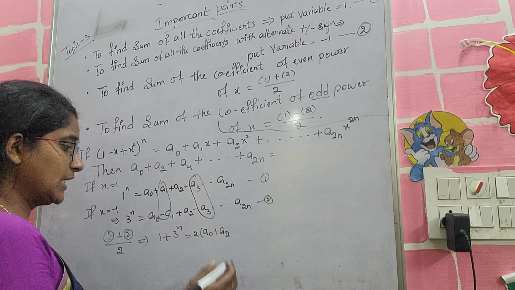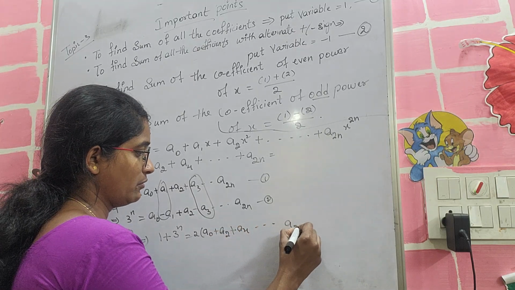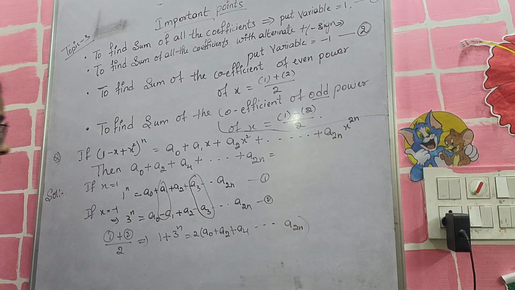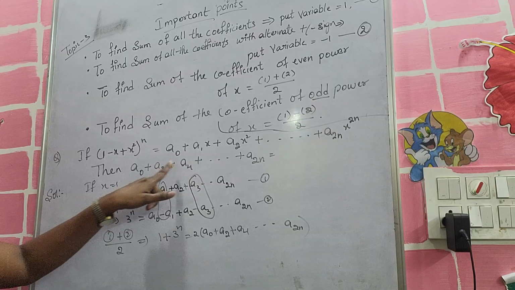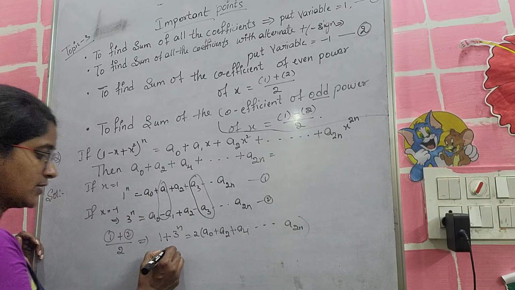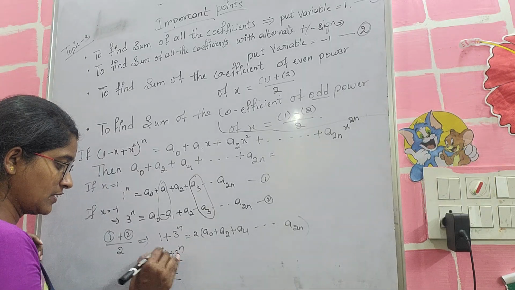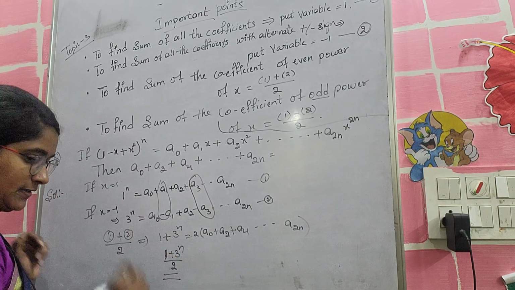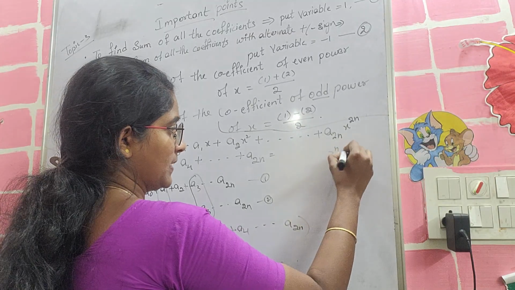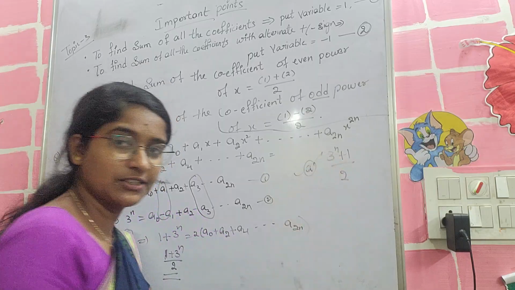Alternately, they cancel, and a4 and so on, a2n will be left over. That's what they're asking: a0 + a2 + a4 and so on up to a2n. They're asking this value, so that equals (1 + 3 power of n) by 2, which is your answer. This is what is given in the options. The first option is (3^n + 1)/2, this is your answer.